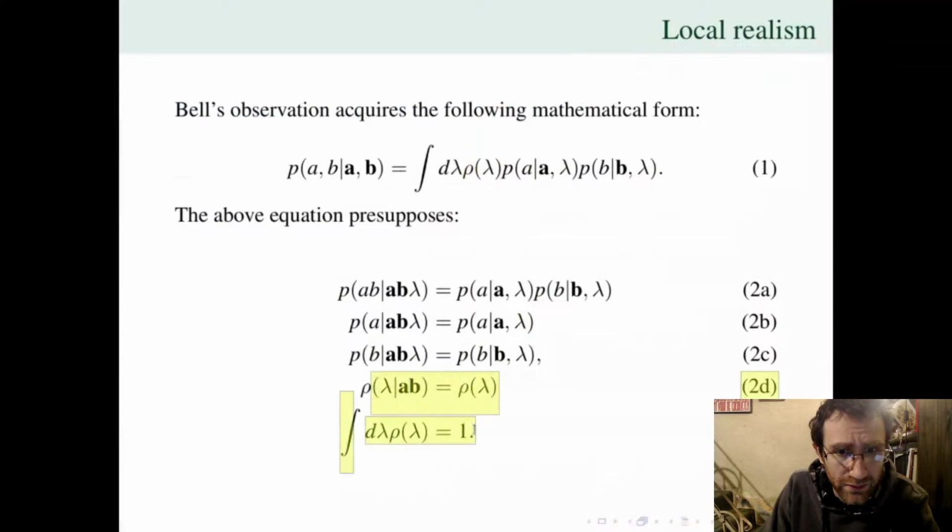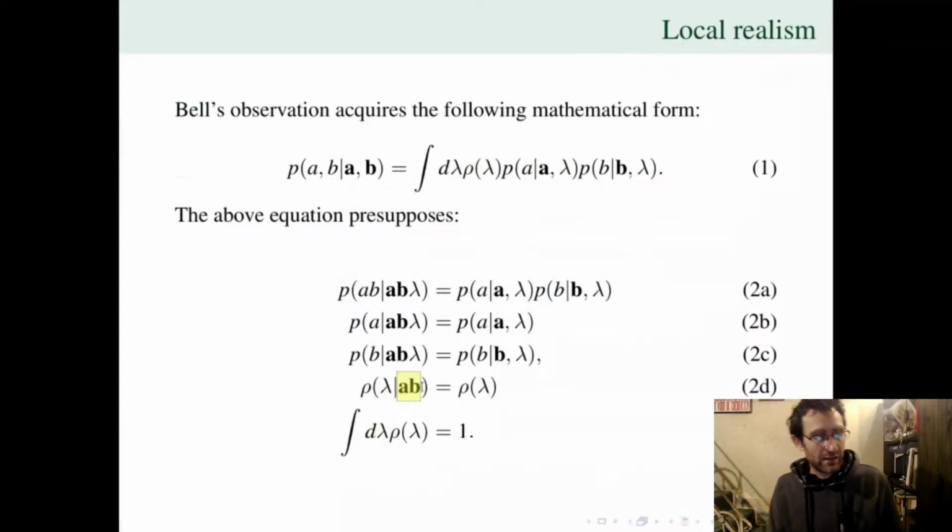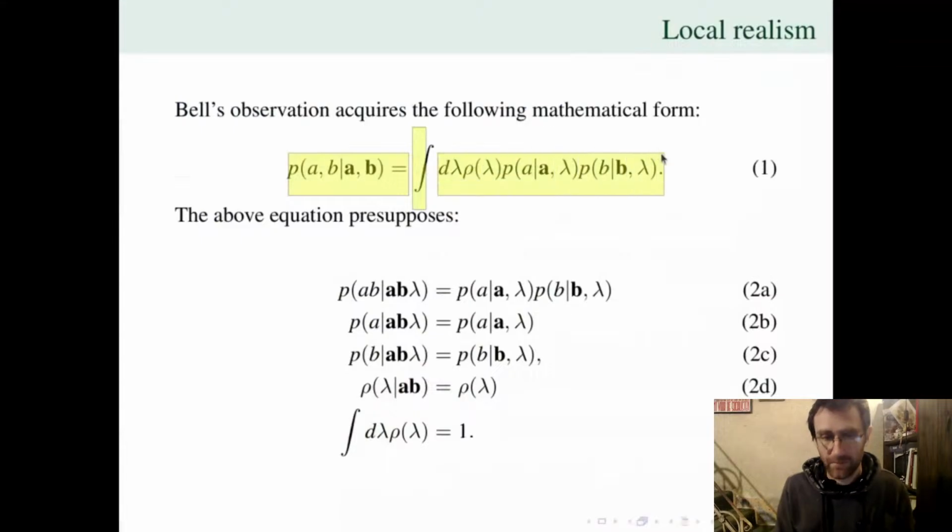And importantly, it will not depend on the measurement setup. So there is no dependence between the preparation of the source of the particles and what Alice and Bob choose to measure. So under all these assumptions, which can be termed local realism, the probability can be written in this way.